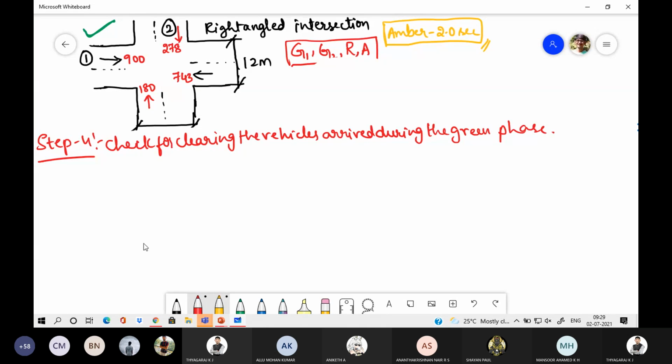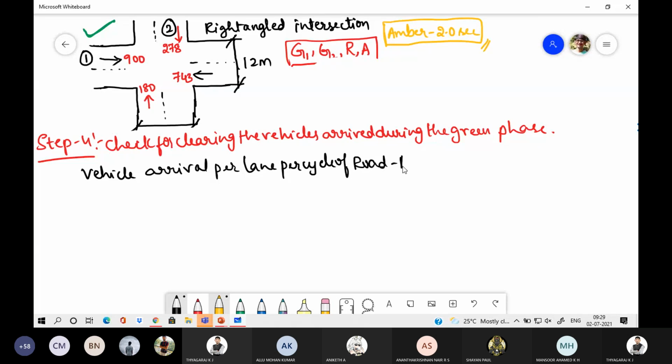Now, what is the traffic coming on road 1? There is a design traffic. Design traffic on road 1. Vehicle approaching or vehicle arriving. Vehicle arrival per lane per cycle of road 1. What is the design traffic on road 1?